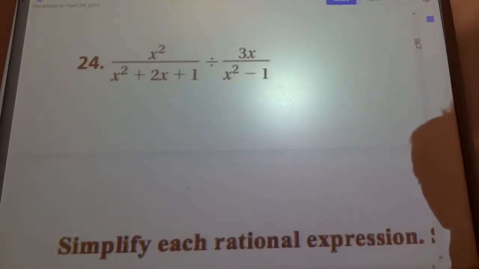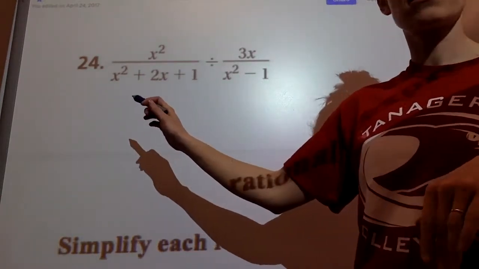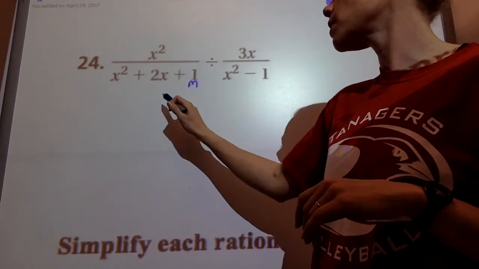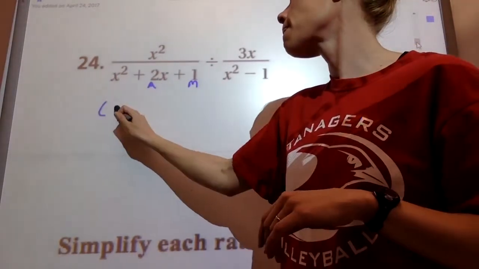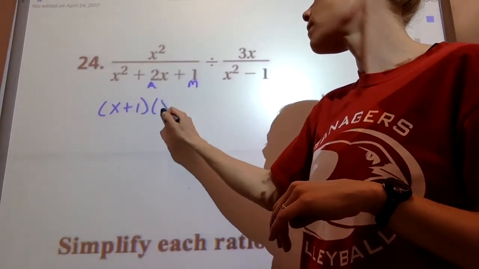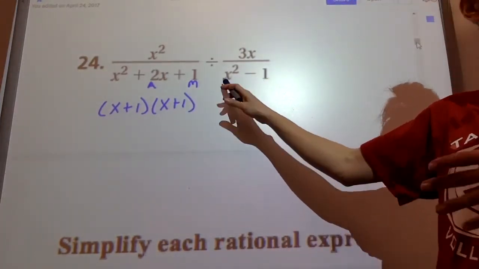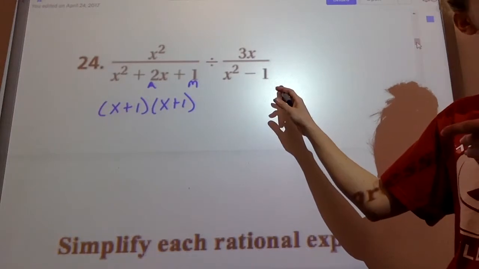Example here. So let's flip first or factor first? Factor first this time, okay? What do I multiply equals 1 but add equals 2? 1 and 1. This is a difference of squares because x squared is x squared and 1 squared is 1.